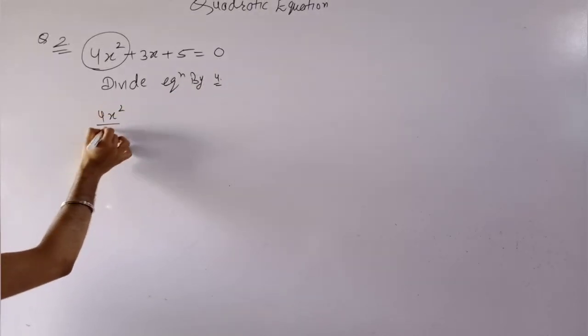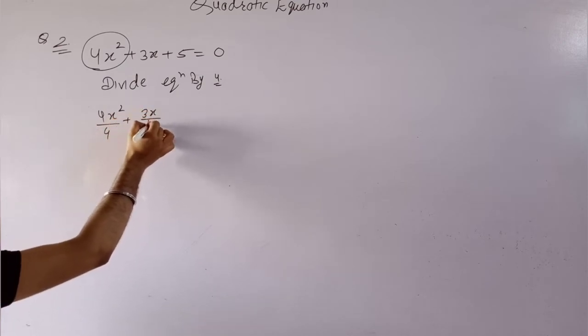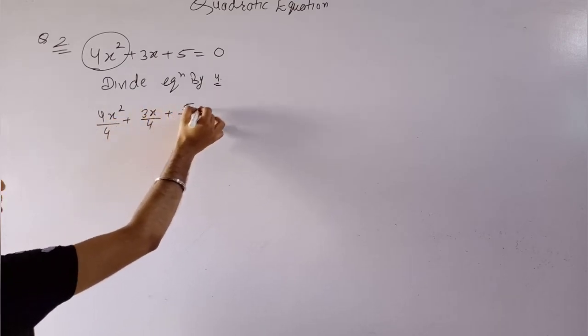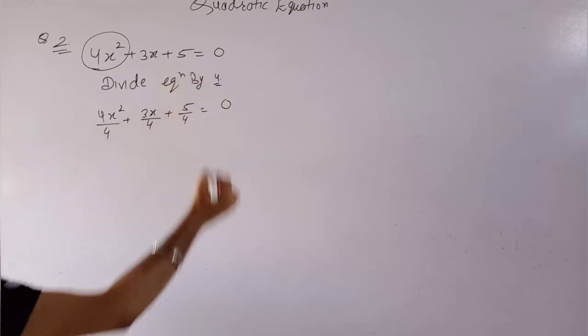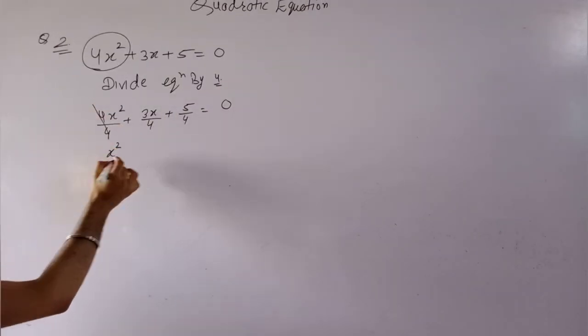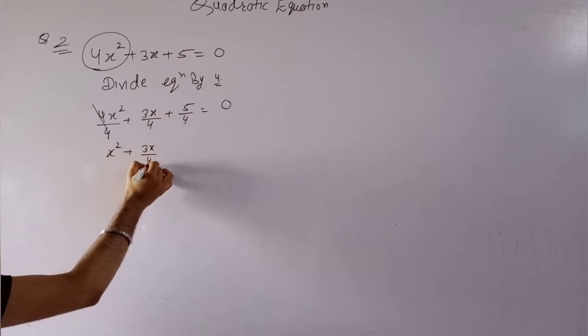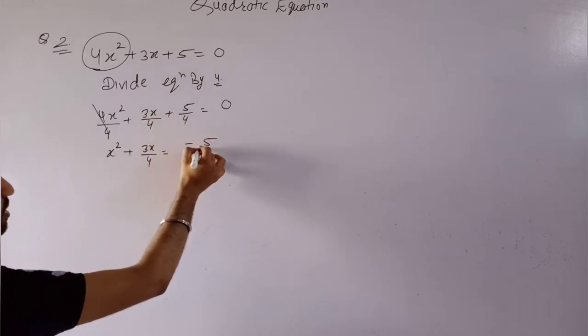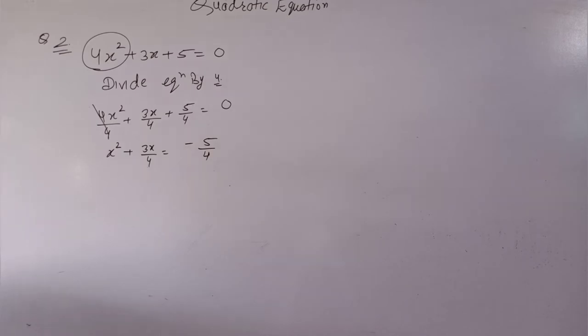Dividing by 4: x square, 3x by 4, 5 by 4, and 0 divided by any non-zero number we get 0. Now the coefficient of x square is 1, so transport the constant term to the other side: minus 5 by 4.